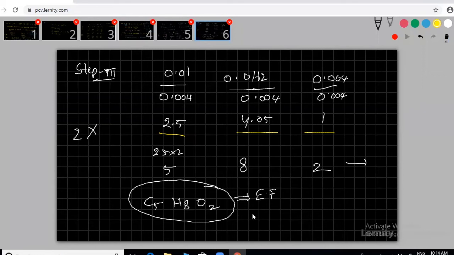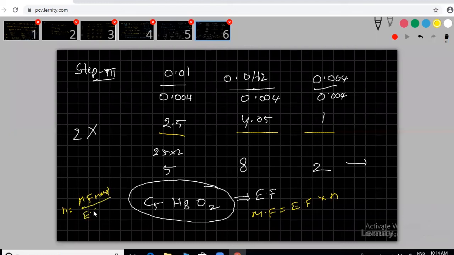What's the molecular formula, sir? Molecular formula equals empirical formula into n. Is it correct? How to find out the n value? n equals molecular formula mass by empirical formula mass.